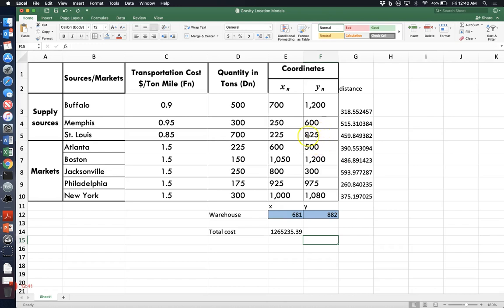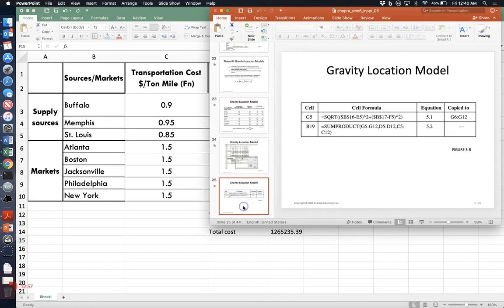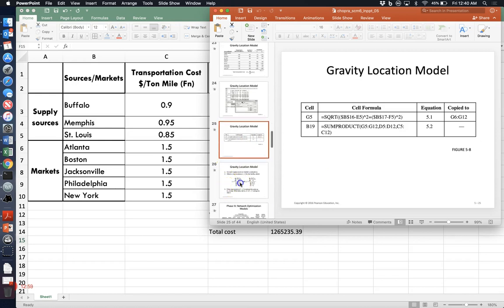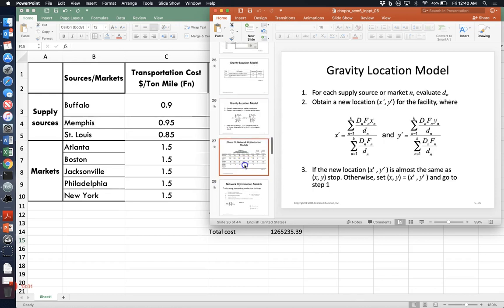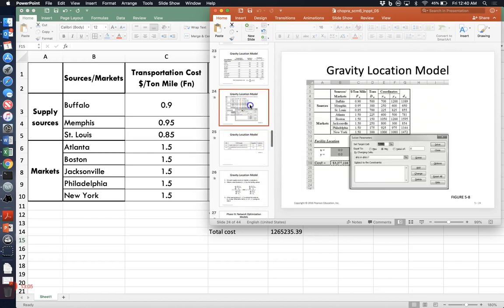So it's north of St. Louis on the y axis and east of Atlanta on the x axis. So where would that be? Let's see. Do we have it here? No, not at all. Okay, that's fine.